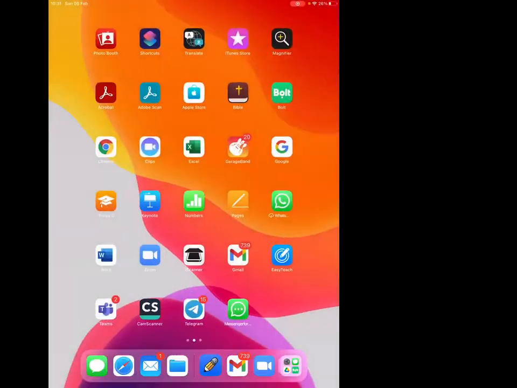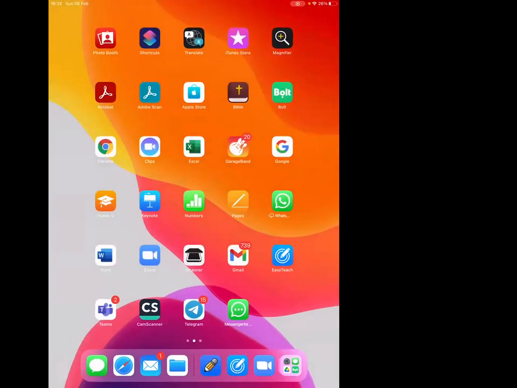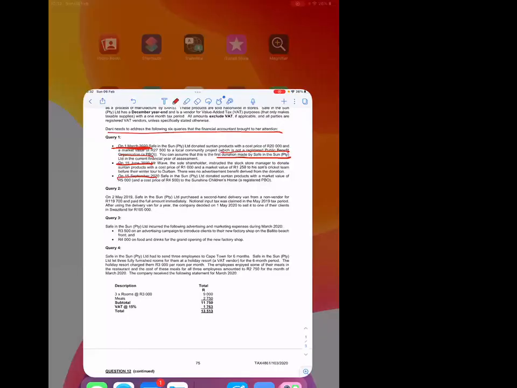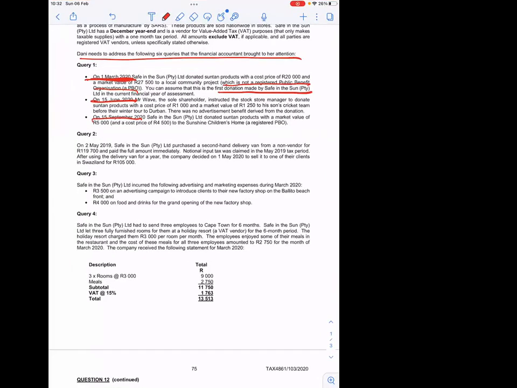Suntan products. So what you are going to do now is you will come here, good people. Now I want you to keep an eye on the value of the donation there. The value of the donation is what? Which one is the value for donations tax purposes? We have got the cost, we have got the market value.